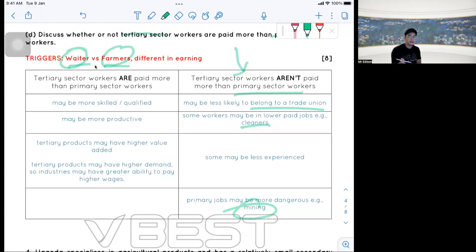But primary and manufacturing, primary and secondary, they tend to offer low skill job. So low skill job, you do not have bargaining power. If you do not have bargaining power, you're going to be bullied. So therefore you need trade union to protect them. But tertiary sector is different. Most of the time they are already protected.